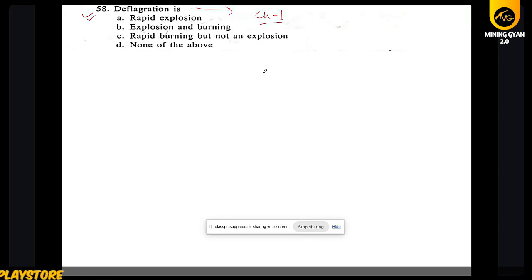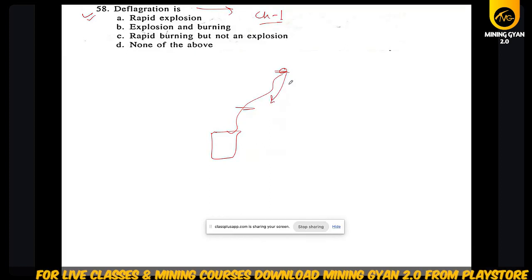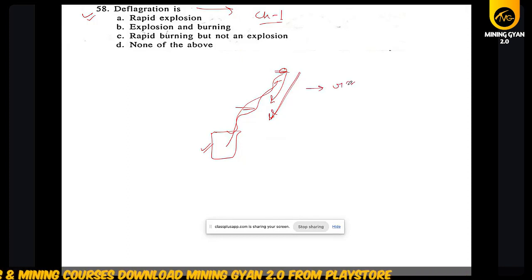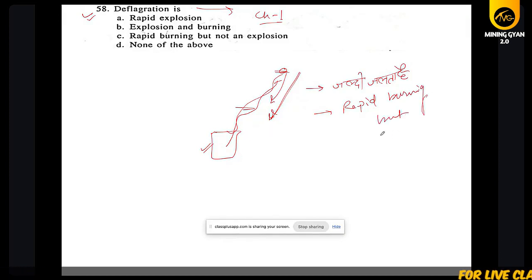Deflagration means, suppose you are burning a firecracker, it will rapidly burn but not explode. कभी कभी क्या होता है, हम फटाका जलाते हैं ना, तो ये जल्दी से जलता है, लेकिन ब्लास्ट नहीं होता है। So rapid burning but not as explosion.